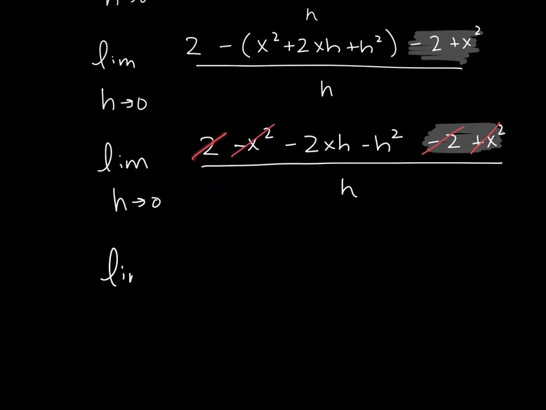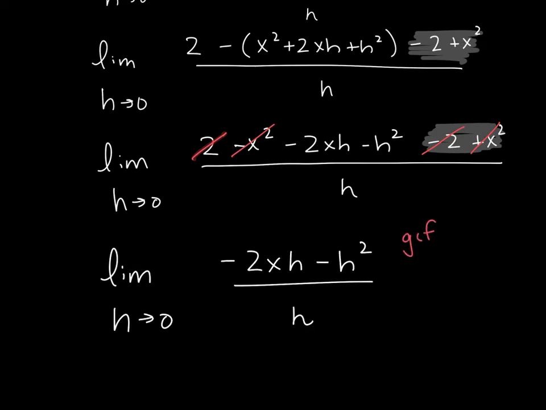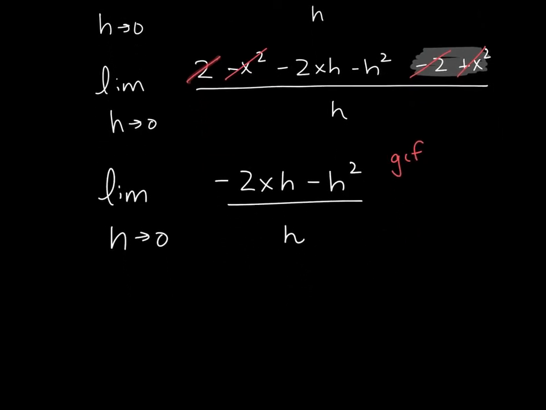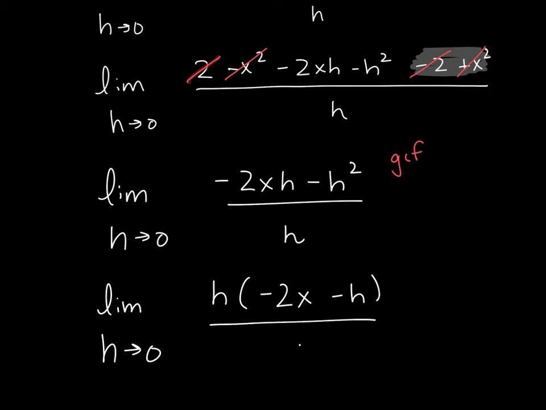So now we have the limit as h approaches 0 of negative 2xh minus h squared all over h. At this point, we take the greatest common factor in the numerator, which is h, and now I have the limit as h approaches 0 of h times negative 2x minus h, all over h. I could have taken a negative out there, but it doesn't matter.